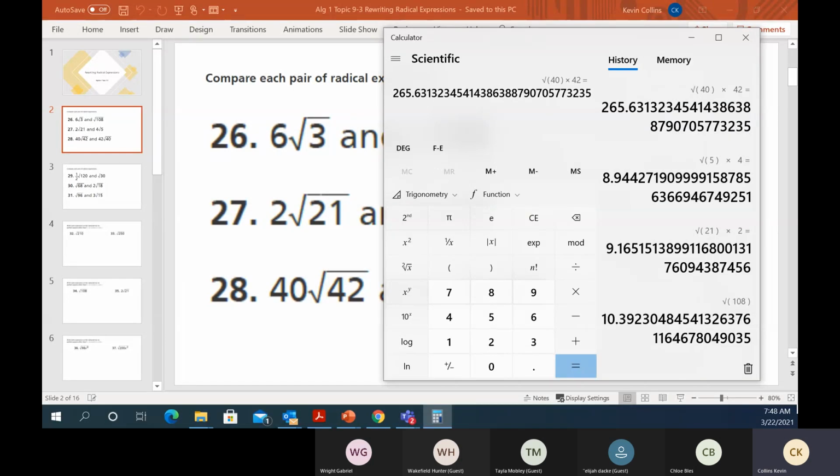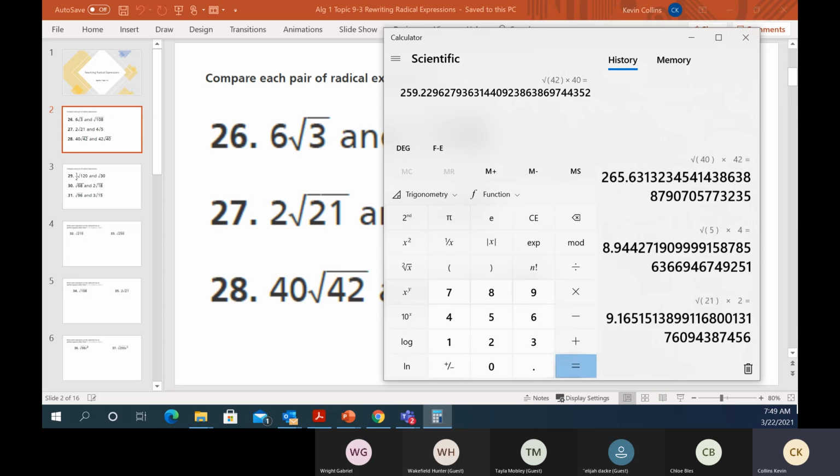And we'll know if that's the same. Let's check it out. So we do 42 square rooted, 6.4, and then times 40. 259. This last guy was 265, my bad. And the other guy's 259. So yeah, these two don't match up either. So only the first guy matches up.